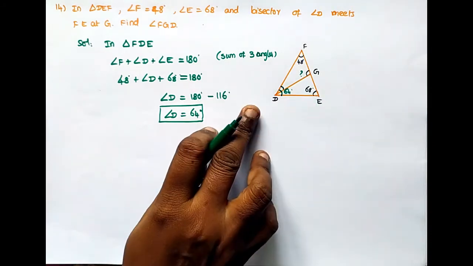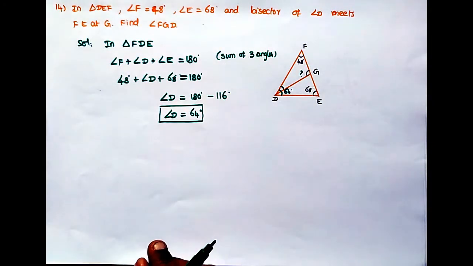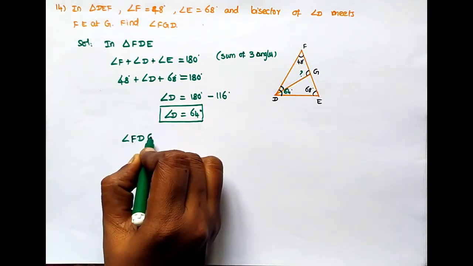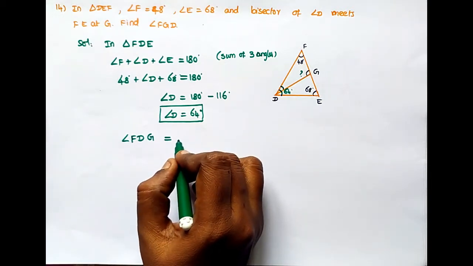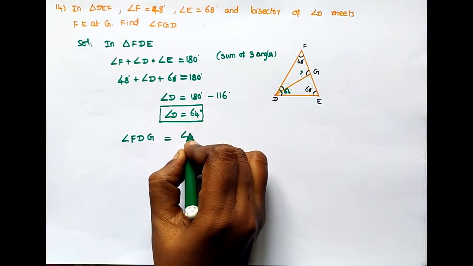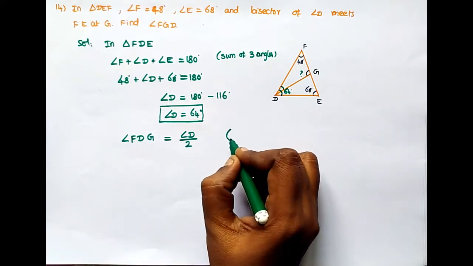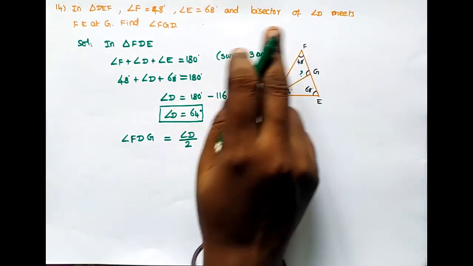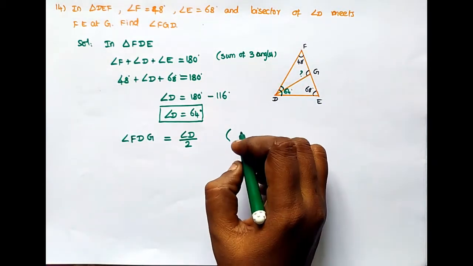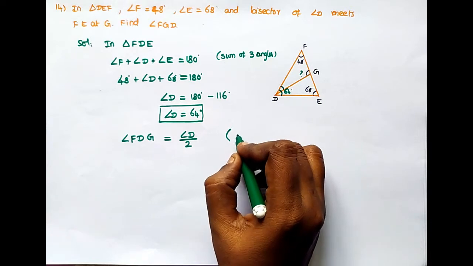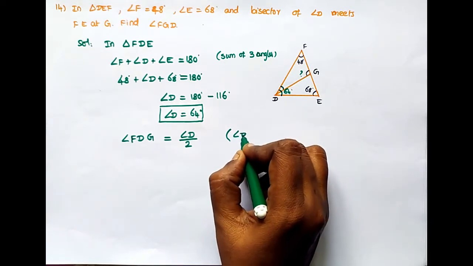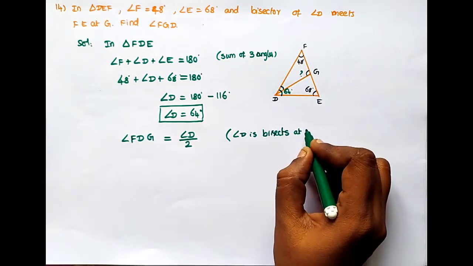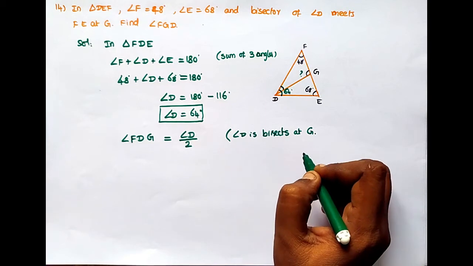From that, angle FDG equals angle D by 2, because the bisector of angle D meets at G. So angle D is bisected at G.